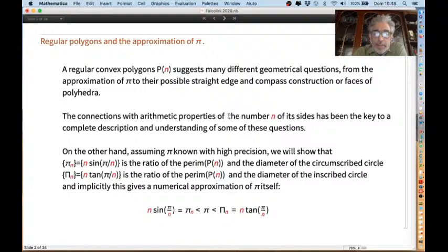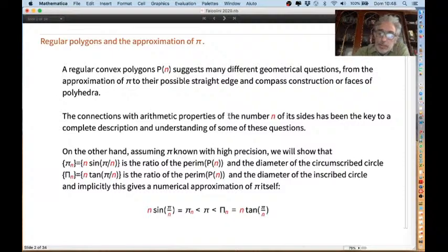While capital Pi n, which is the sequence n times the tangent of the angle pi over n, is the ratio of the perimeter of Pn with the diameter of the inscribed circle, the apothem of the polygon. This implicitly gives a numerical approximation of pi itself.